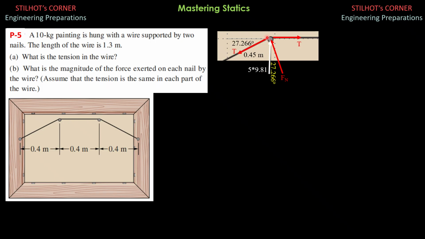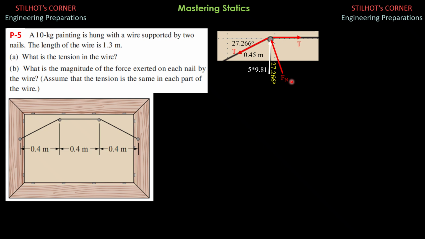And since this is 0.4 meter, inverse cosine of 0.4 divided by 0.45 is 27.266 degrees. So we'll call this tension. That's also tension, as hinted in this problem.